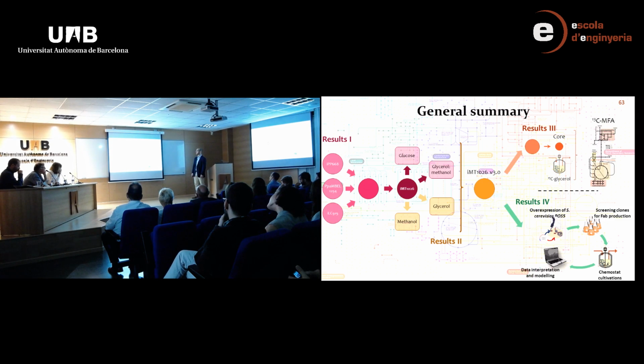Finally, in the last chapter, we showed 2 different applications of this model. That was its reduction to a core model. Then we performed chemostat cultivations using labeled glycerol to perform metabolic flux analysis. Finally, in the last chapter of results, we used this model to try to give a possible better explanation of the observed phenotype.